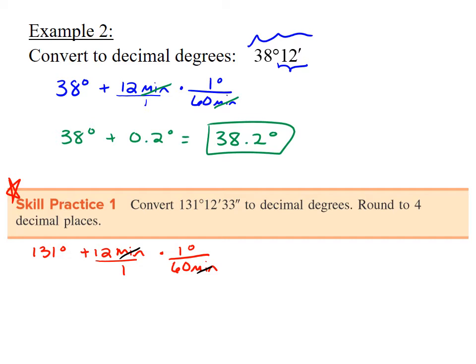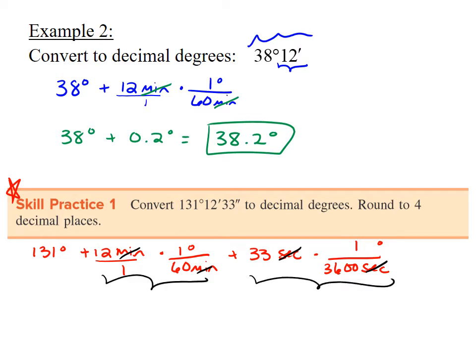I'm going to do the same type of thing with the seconds. I know that there are 33 seconds, and I want to convert these seconds into degrees. So I know that in 1 degree, there are 3,600 seconds, and then these seconds will cancel out as well. So I need to make this conversion and this conversion here. So I keep this 131 degrees plus, this ends up being 12 divided by 60, which again is 0.2 degrees.